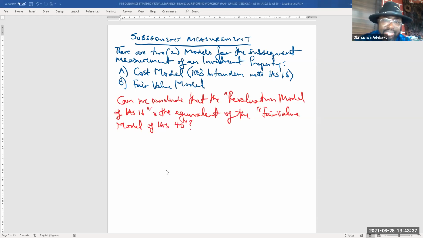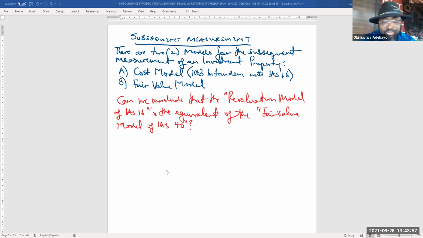Okay, let's look at areas of commonality. Both will recognize the value of the assets at current value.